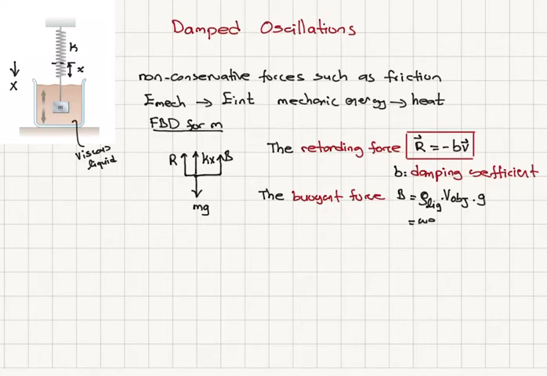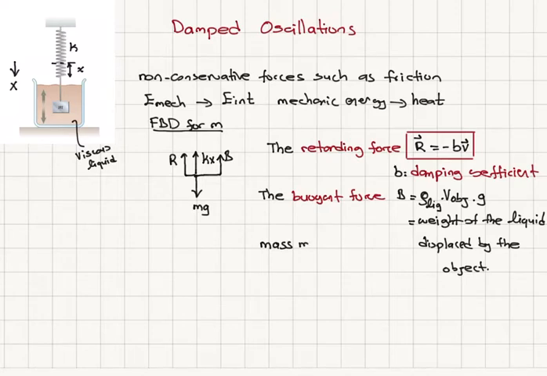Basically, it's the weight of the liquid displaced by the object. Okay, so that's the buoyant force. And I also have the weight of the object mg here, and I also note that m, the mass of the object, is equal to the density of the object times its volume.